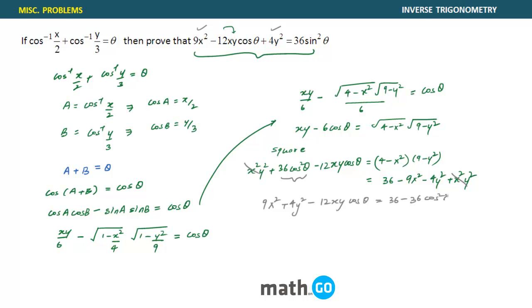And now you can see your question is solved. Why? Because this becomes 36 sin square theta, and I can say now hence proved. So this is how these types of questions are solved, where you are given cos inverse something, or this could have been sine inverse. You just assume them as an angle A and angle B, and then start solving as a normal algebraic or trigonometric problem.